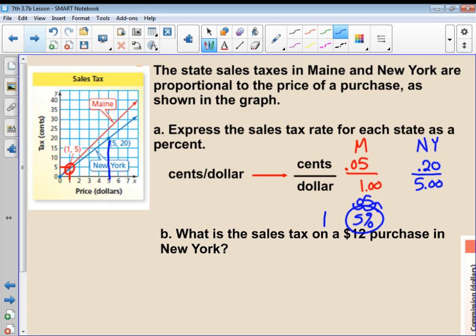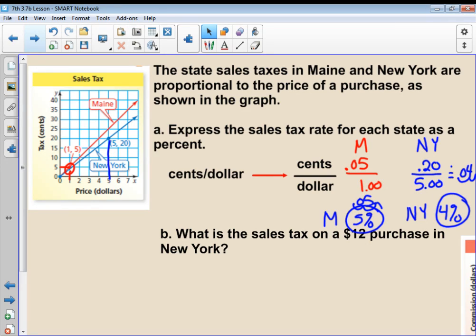So for Maine, it was 5%, and I should have done that in red. And for New York, we're going to punch in 0.20 divided by $5, which gives me 0.04, which is the same as 4%. So New York was a 4% tax.